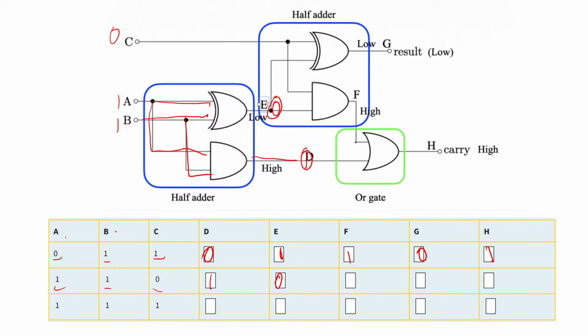We have 0 here. 0 is going to come up here. 0 is coming in here. 0 XOR 0 is going to be 0, which is a G. Now we have 0 coming down here, 0 into here, 0 and 0 is going to be 0, so F is going to be 0. 0 comes down here, XORed with a 1, 1 XOR 0 equals 1.